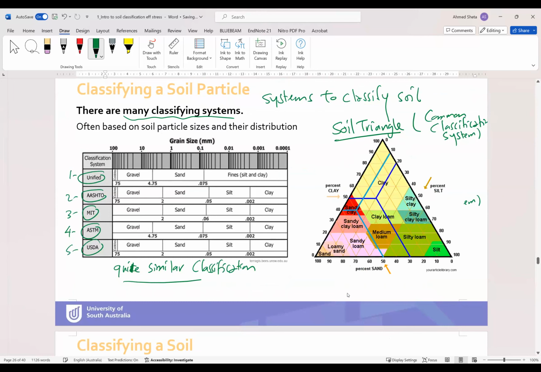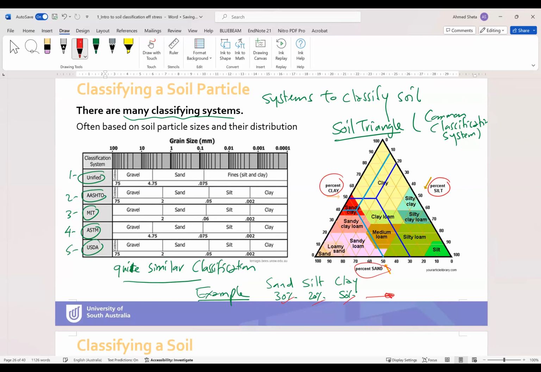For example, if we have a soil with some percentage of sand, silt, and clay. Say this soil is 30% sand, 20% silt, and 50% clay. We're just making this example to know how to use the triangle. Here we have percent of silt, percent of clay, and percent of sand. If you know these three percentages, we can classify the soil.